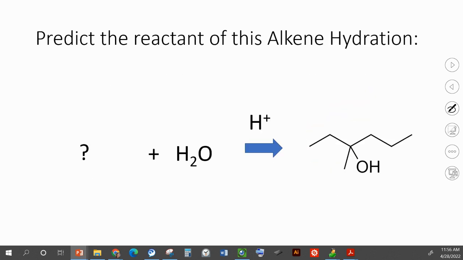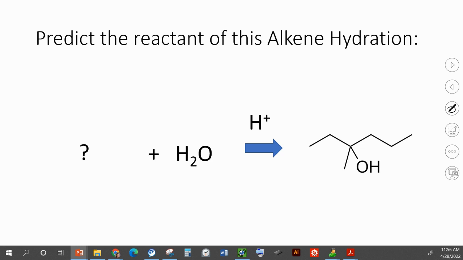Oops, I went backwards. There could be a few products. Predict a possible reactant for this reaction. It's just hexane with a double bond in between 2 and 3, right?